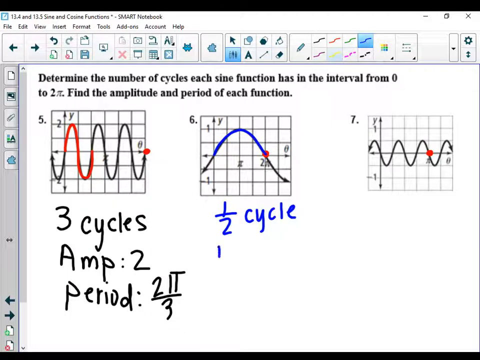Okay, what's my amplitude here? 1. And then the period of the function, so if it takes me from 0 to 2 pi to get half of it, how much is it to get all of it? 4 pi. If it takes me 0 to 2 pi to get the first part, I need another 2 pi to get me the rest of it. So 4 pi would be the period of the function.